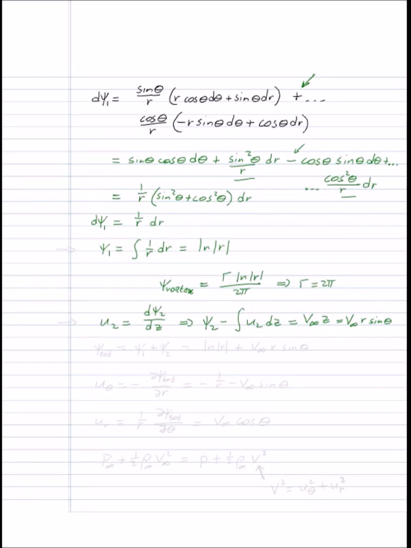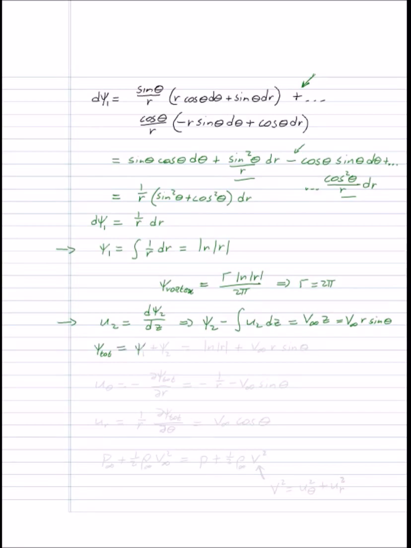So now we've got this result here, and we've got this result here. So we can add both of them now. So we've got a psi total, and that's the point where we can actually superimpose the vortex stream function and the uniform flow stream function, and that's just adding it up.